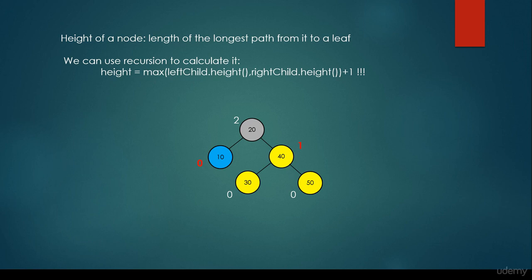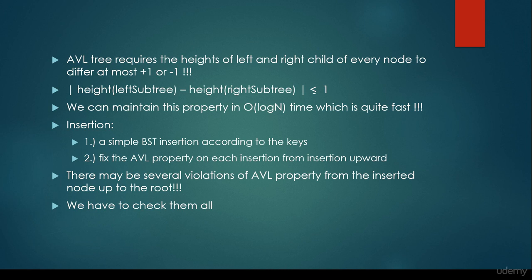So that's why the right subtree of the root node, which contains 40, 30 and 50, is going to have the height parameter 1, because the root of this subtree, which is 40, has a height parameter 1. So we have to calculate the maximum of 0 and 1, which is 1, and increment it by 1 in order to get the height parameter for the root node, and that's why it's going to be 2.